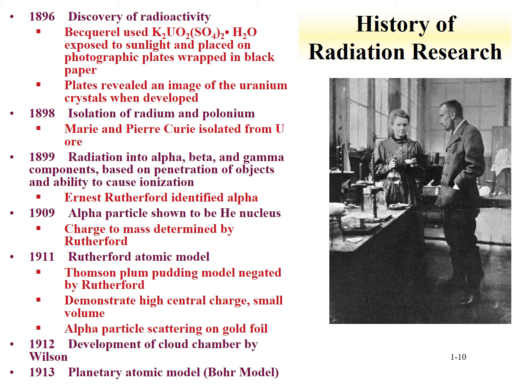When the plates were developed, they showed an image of the uranium crystals. What Becquerel actually thought is that the uranium salt absorbed sunlight and fluoresced, giving off that light. That's what he proposed. For this proposal, the discovery of radioactivity, he was wrong, but he also won a Nobel Prize for that.